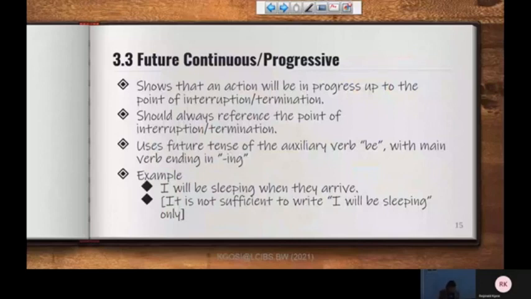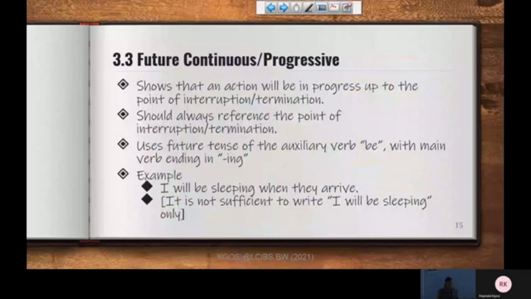It will be happening. And remember, in conversation, you can just say, I will be sleeping. But when just giving examples which do not have any context, you should provide the context. I will be sleeping is not a sufficient answer unless a context had been given.